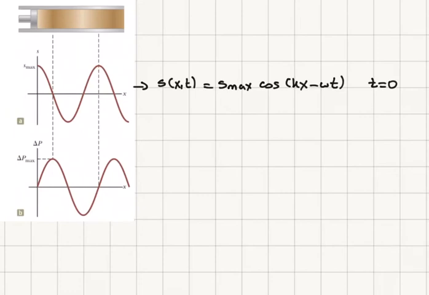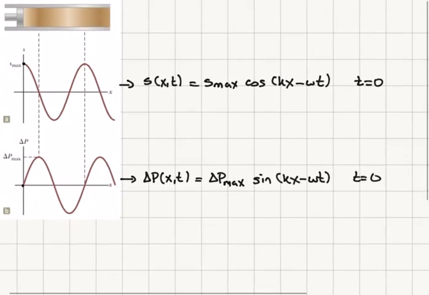I look at x equal to 0, I have S max, because cosine 0 is 1. So the wave is coming down following the cosine curve. On the other hand, for pressure here, I have delta P as a function of x and t equal to delta P max sine kx minus omega t, and I'm looking at this at t equals 0. For t equals 0, x equals 0, I should have 0. So this starts from 0, this starts from maximum.